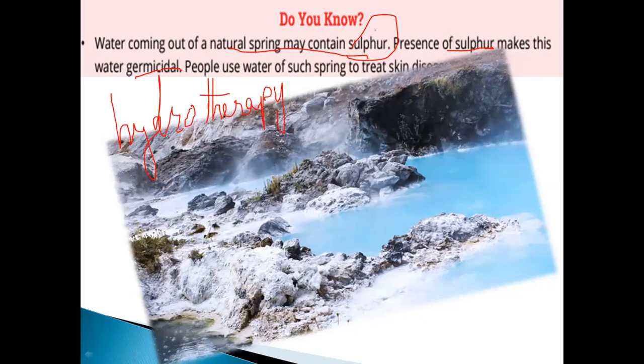So people drink it, and they also take baths in this sulfur water or hot spring water. These are natural springs which come out from under the ground. As we discussed in the previous topic, people use this for rashes, dry scalp, sometimes arthritis, and lots of other skin diseases.